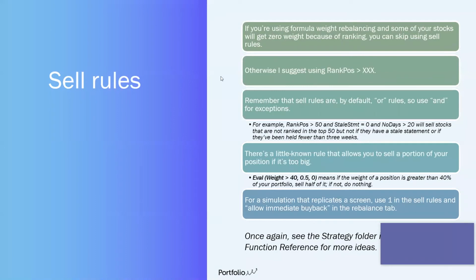I have a question here. What is a stale statement? A stale statement means that the company has made an announcement and the data provider, in most cases FactSet, has not yet processed it. That usually is taken care of overnight, or sometimes 2 days, sometimes 3 days with an extremely low liquidity stock or a foreign stock.